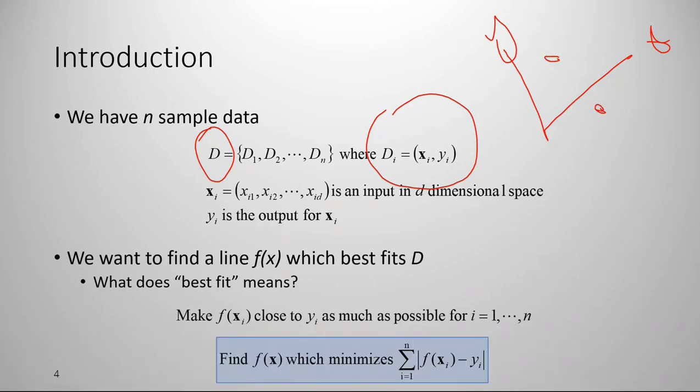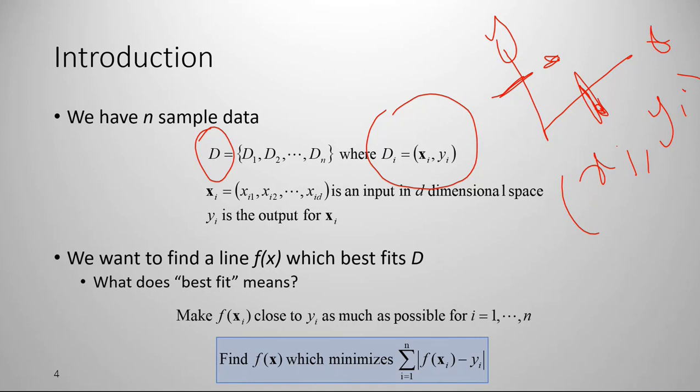For example, any point is represented by xi, yi. A single point is represented by 2 variables, an x domain and a y domain.